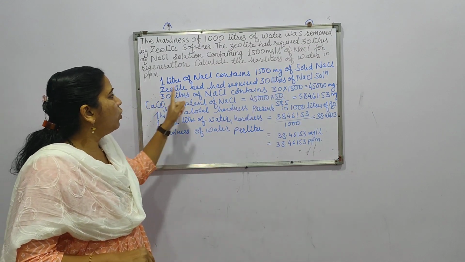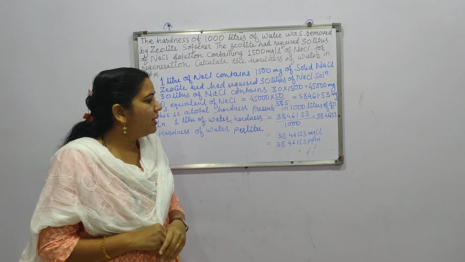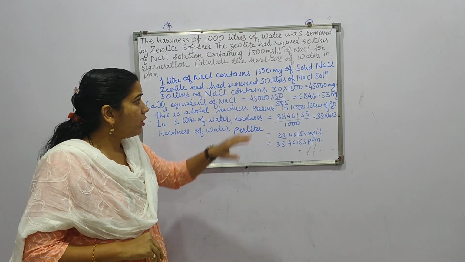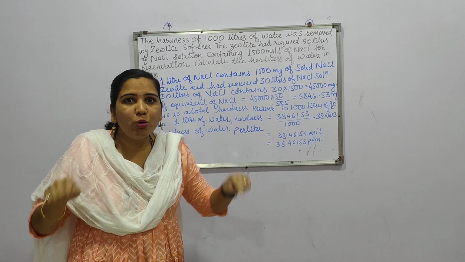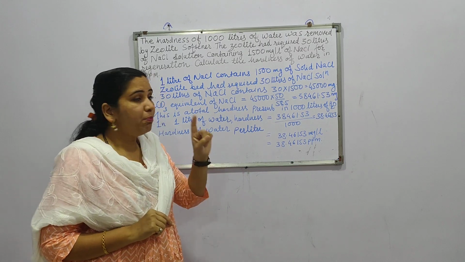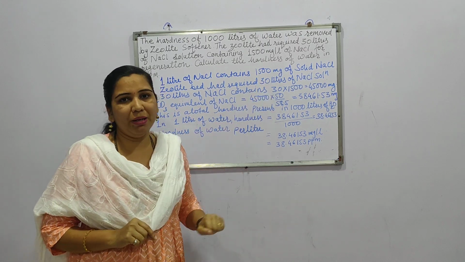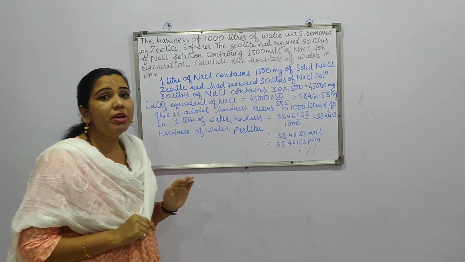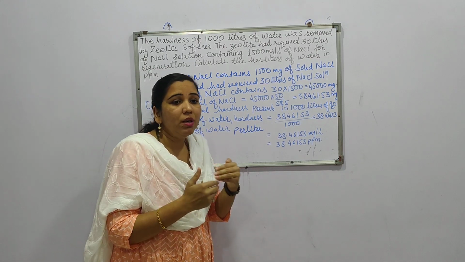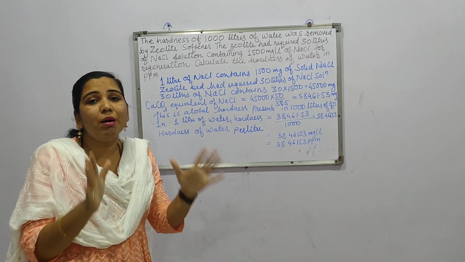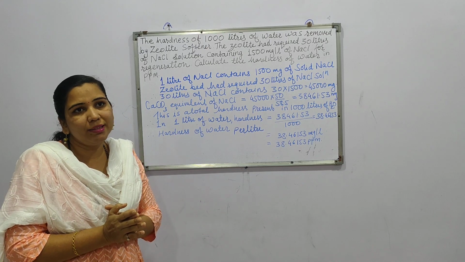Now the zeolite bed required 30 liters of NaCl solution, and per liter is 1500 milligrams. So we will find the total amount of NaCl required.